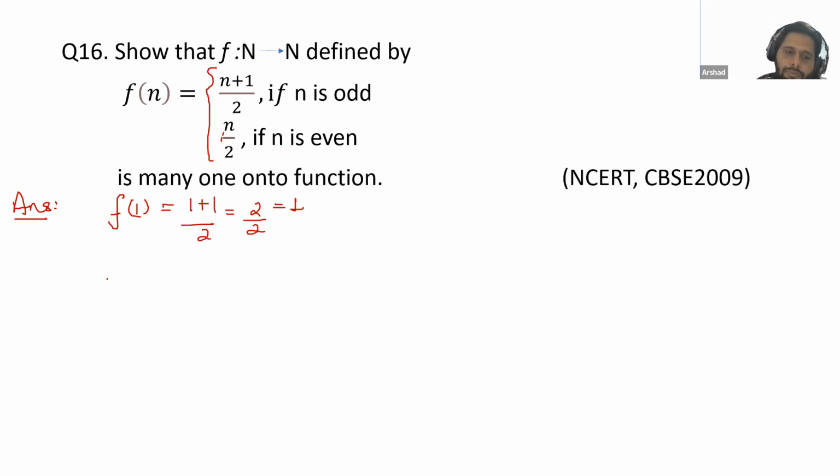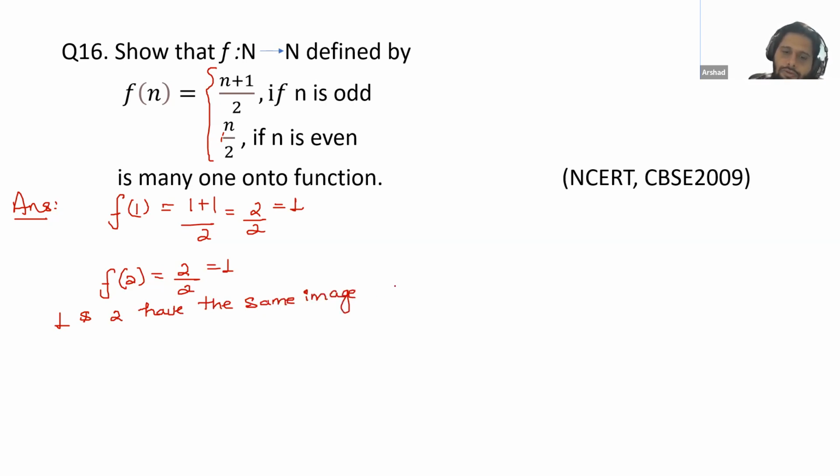Okay. Now, for example, if we are putting 2, then Abdul, which function will we choose? First or second? Second. Very good. Second. So we will get 2 by 2, which will give us 1. So 1 and 2 have the same image.